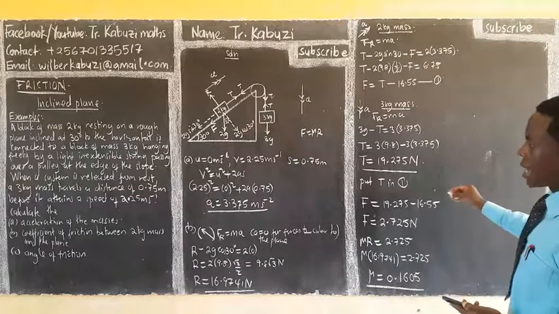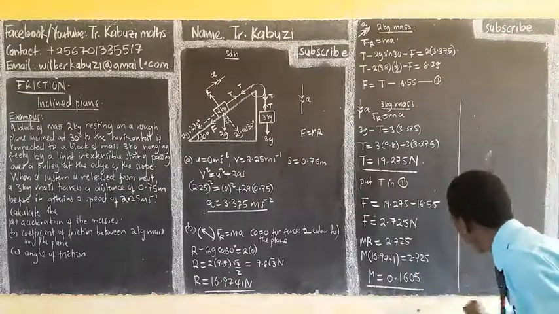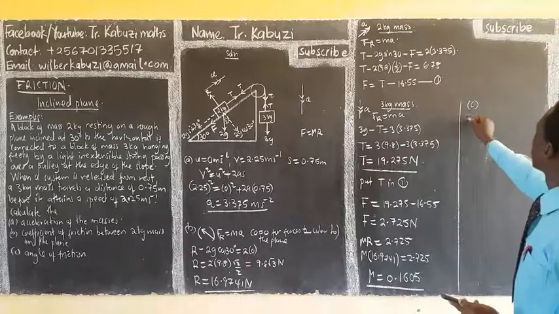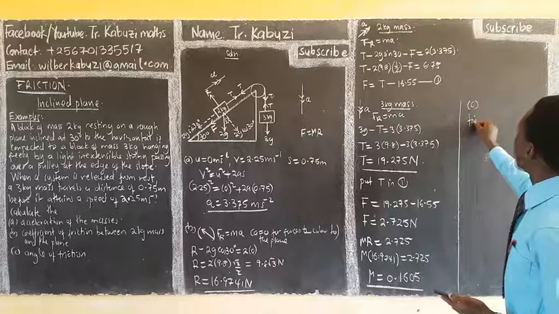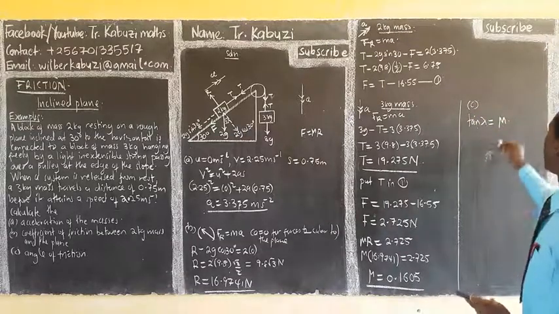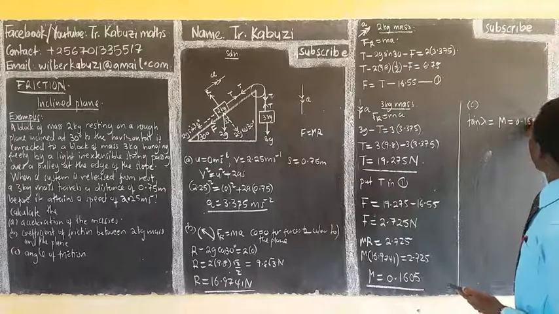So that was part B. Then we come to part C. In part C, they want us to get the angle of friction. You know that the tan of the angle of friction is equal to mu. So this is equal to 0.1605.